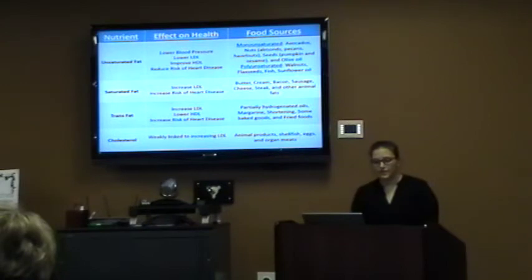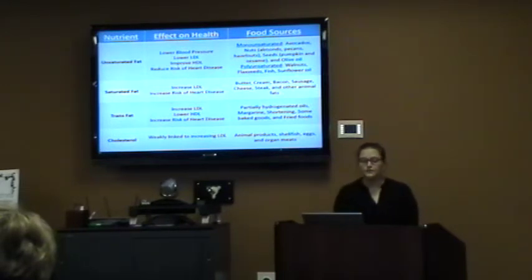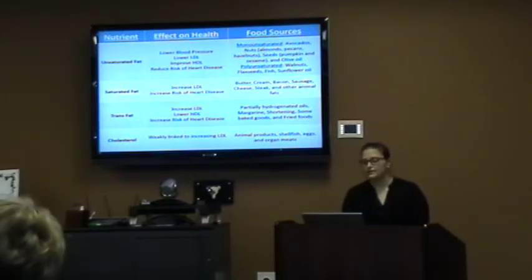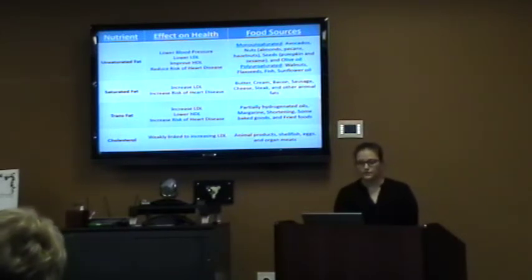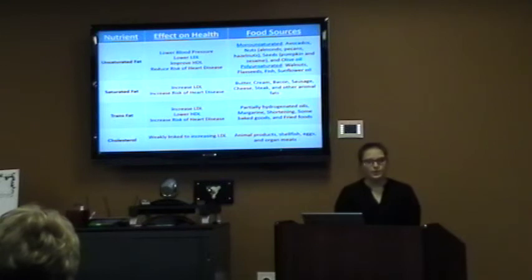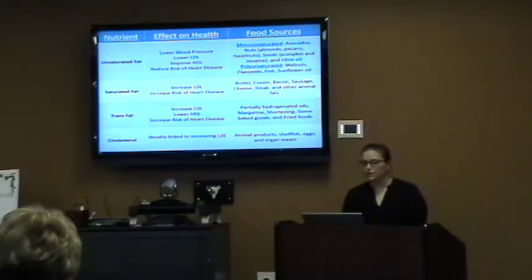Saturated fat increases the LDL and the risk of heart disease. These food sources include butter, bacon, sausage, and other animal fats. Trans fat will increase the LDL while lowering your HDL, which will increase the risk of heart disease. And these include partially hydrogenated oils, shortening, fried foods, etc.